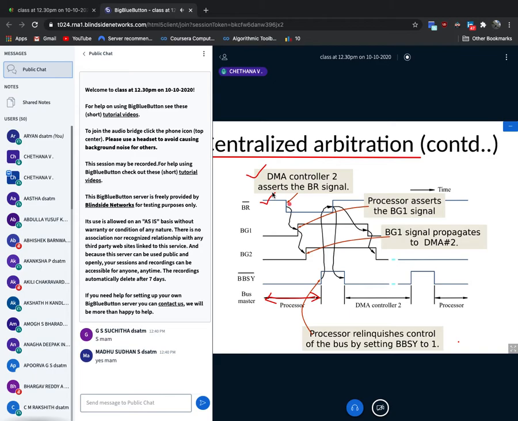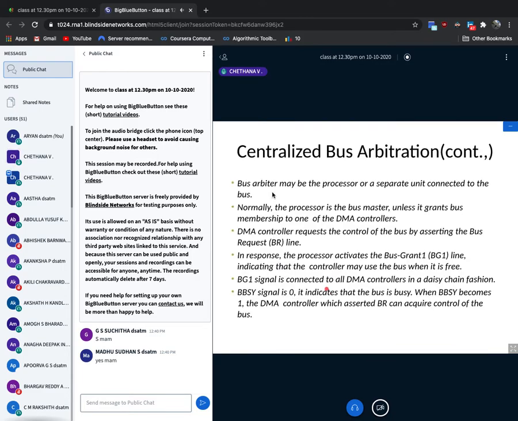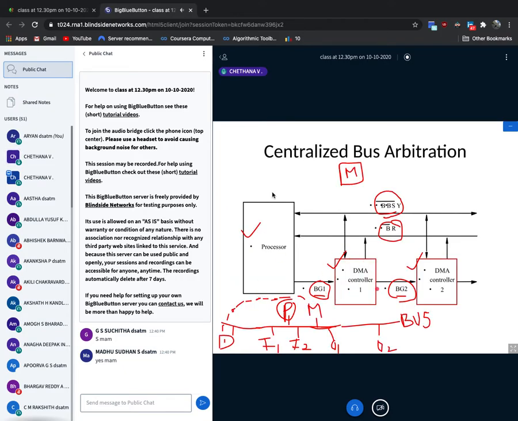Now, when this request is raised by DMA controller 2, what will the processor do? It will provide the grant. The processor asserts the BG1 signal. Please mind it, DMA controller 2 is requesting. In the previous slide you already saw that the order is processor, DMA controller 1, next DMA controller 2.